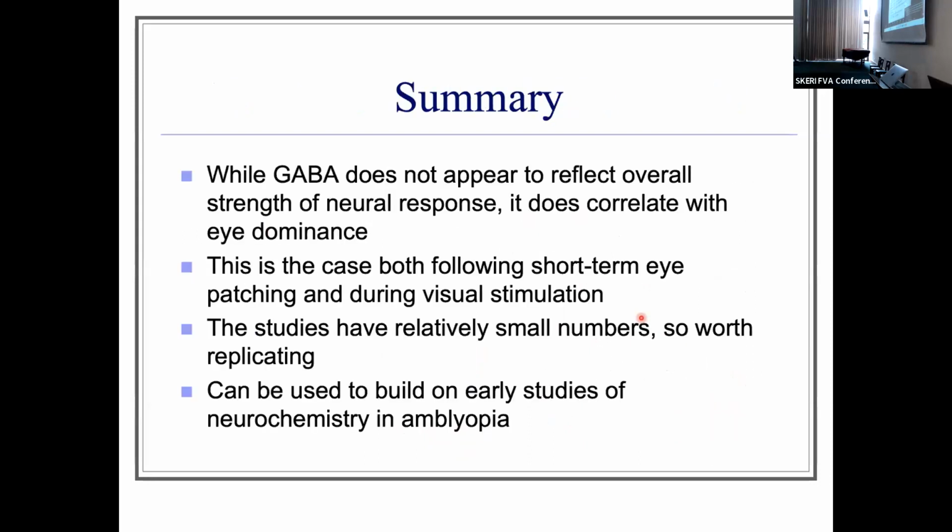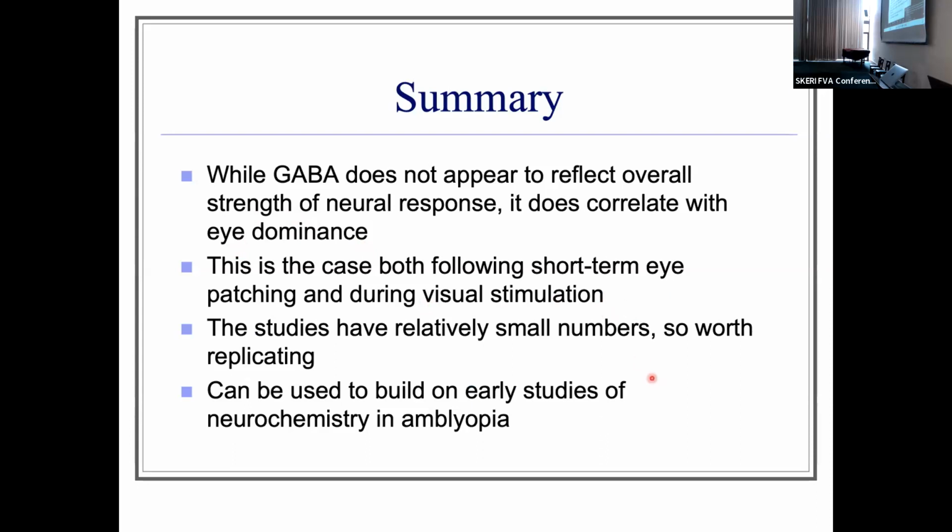To summarize that part then, the amount of GABA doesn't appear to reflect the overall strength of the neural response, but the GABA does correlate with eye dominance. This is the case following short-term eye patching and during visual stimulation in terms of natural eye dominance.